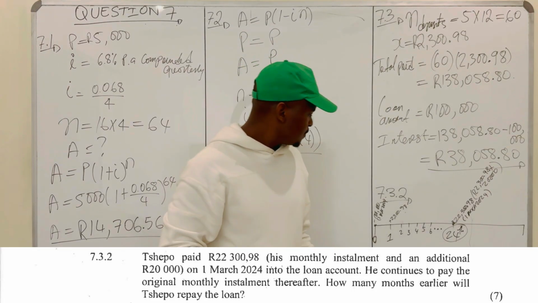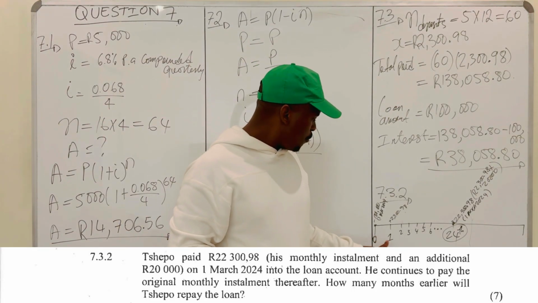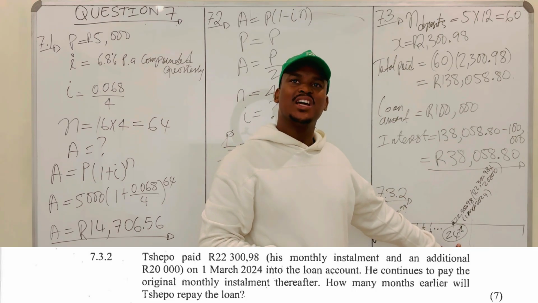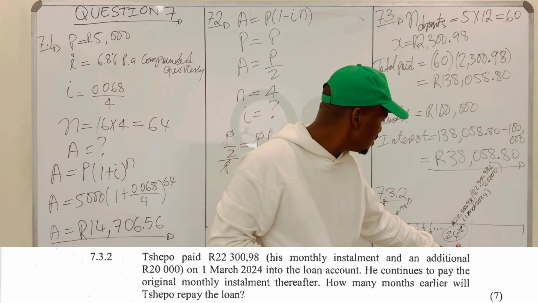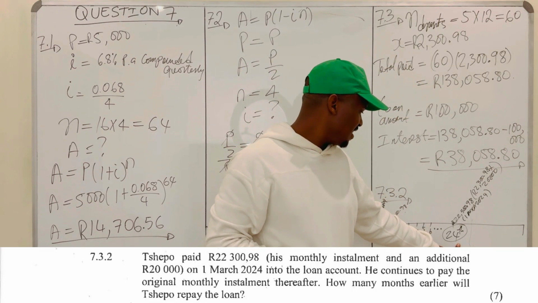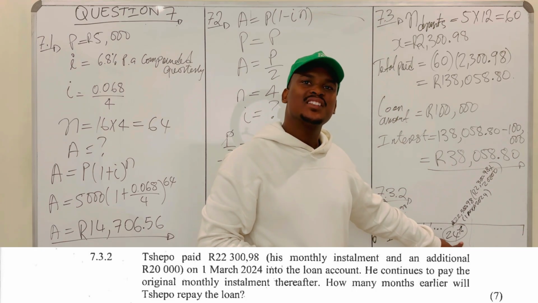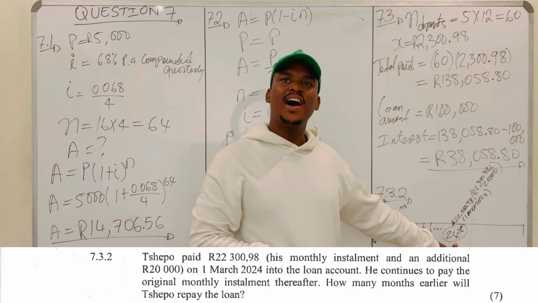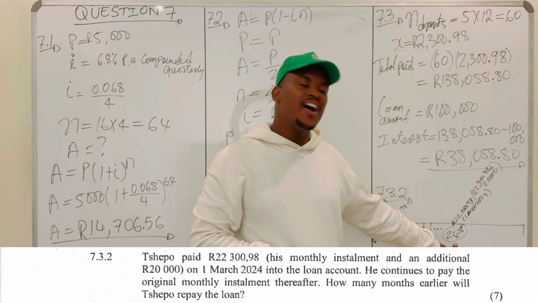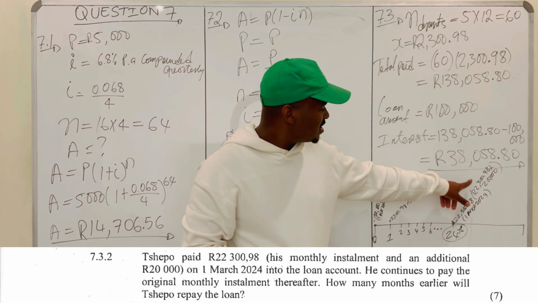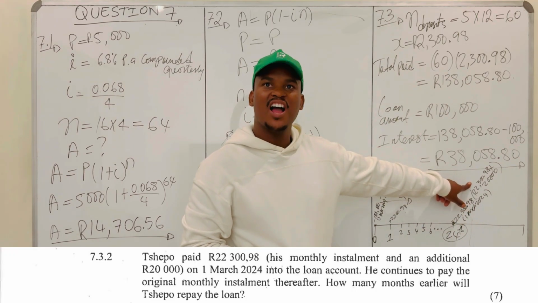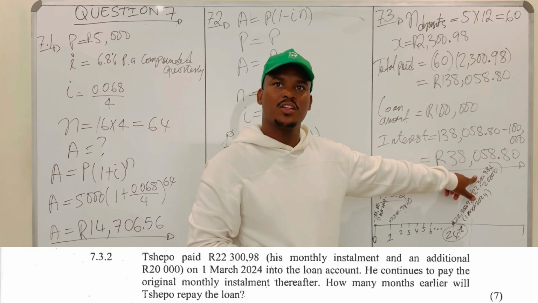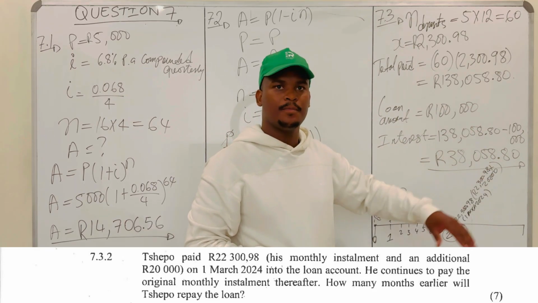So you know that from when he started to when she added that 22,398 rands 98 cents, that was his 24th deposit, right? No problem. So you need to find the balance of the loan after he placed that 2,398 deposit.